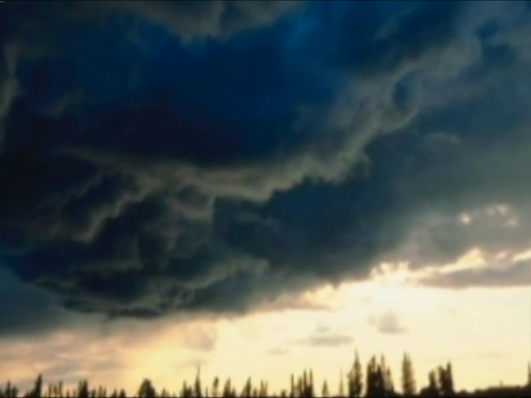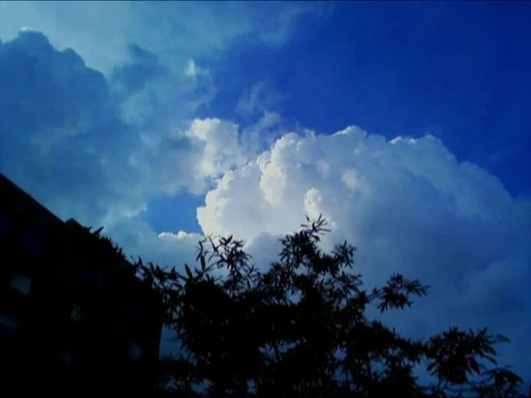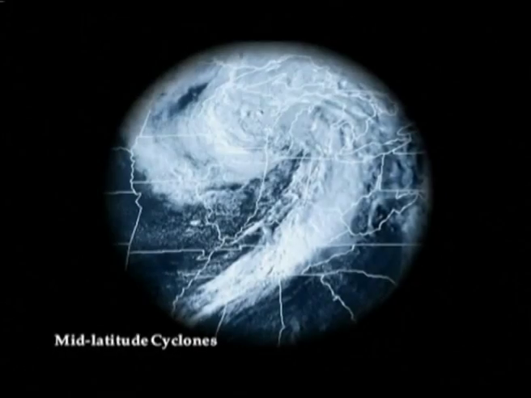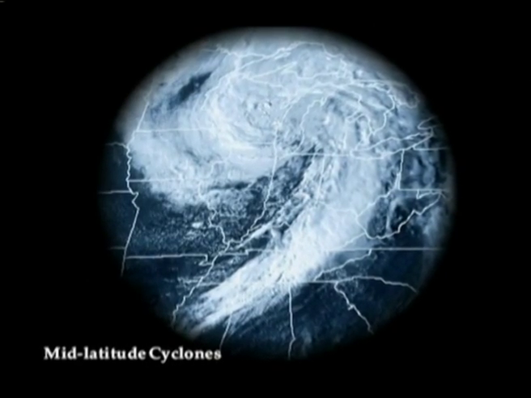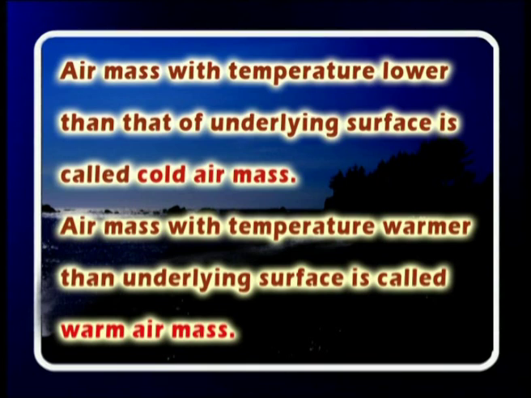Air masses are associated with the planetary wind system. For example, tropical maritime and tropical continental air masses are found in the trade wind belts. Therefore, these air masses play an important role in removing the latitudinal imbalance of heat. An air mass with temperature lower than that of the underlying surface is called a cold air mass.